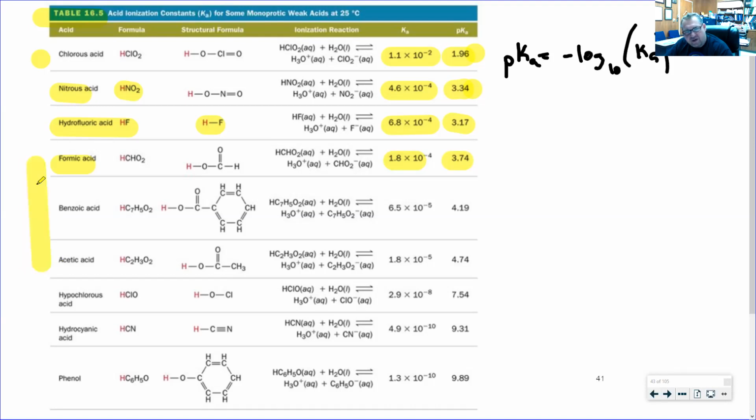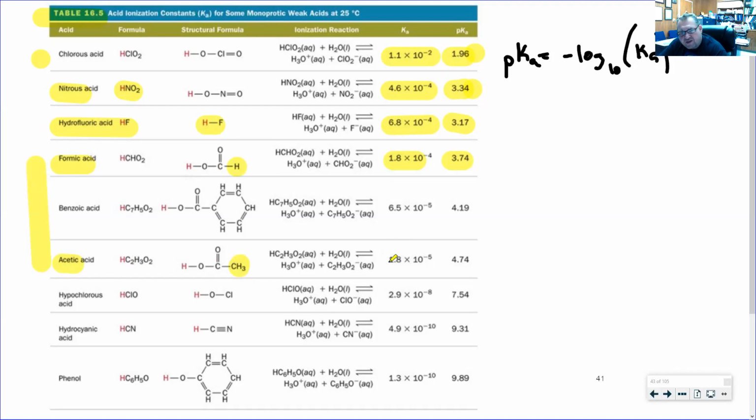And I'm not going to go through the whole list, but just to compare formic acid with acetic acid, we look at this pairing between these two. The difference is simply an additional CH3. So this is formic acid, and this is acetic acid. Here it's a proton, here it's a CH3. But the presence of the CH3 makes this a much weaker acid on the loss of this proton. We'll learn more about that when you take organic chemistry, where structure plays a role.